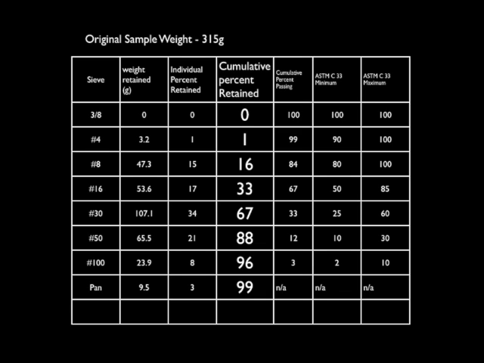That comes from the individual on the number 8 sieve of 15, plus the 1% from the number 4 sieve. And if we move to the number 16 sieve, we have 33% retained, which comes from the 17, which is on the 16 sieve, along with the 15 from the number 8 sieve, and the 1% from the number 4 sieve.